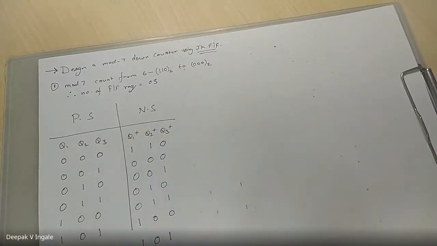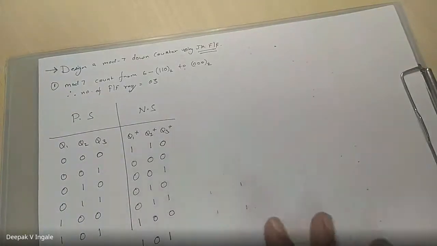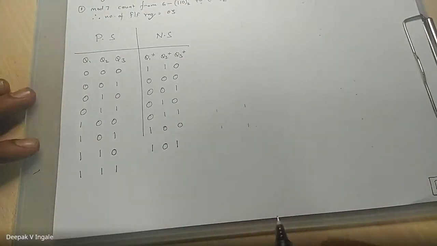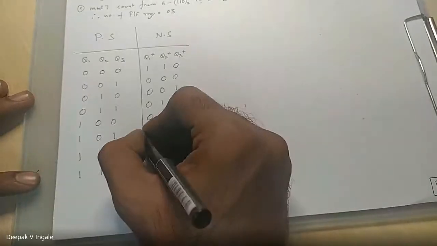If you get 7, what do you write here for 7? I'm sorry, I was a little out of screen. For 7, what is the next state? Is it XXX? Exactly, very good.